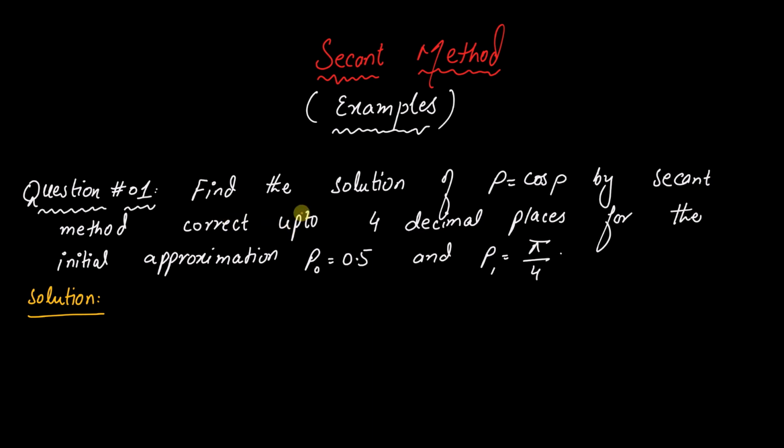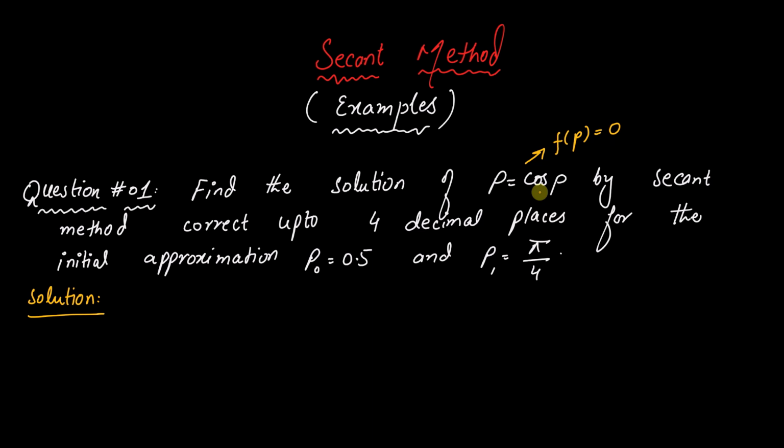So we have question number 1: find the solution of p equals cos of p by the secant method, correct up to 4 decimal places, for the initial approximations p naught is 0.5 and p1 is pi by 4. First of all, we need to shift this nonlinear equation into f of p equals 0 format.